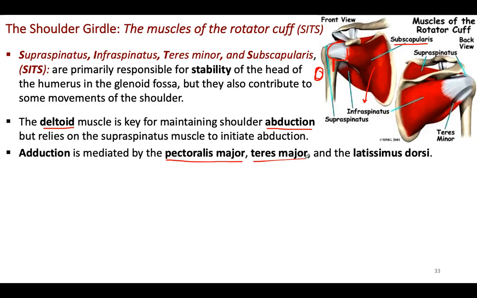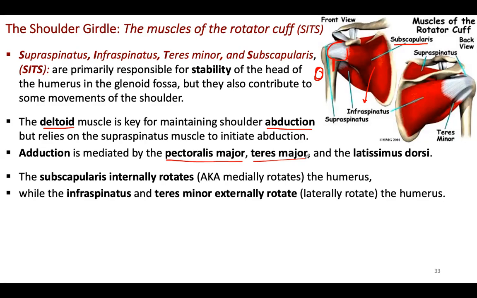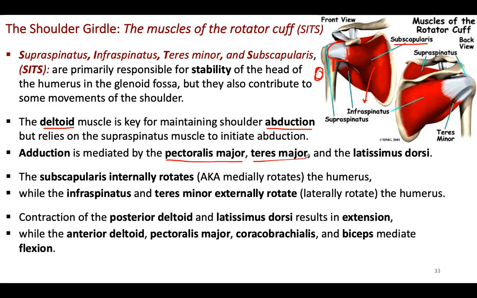Adduction, with 2 Ds, is getting the limb closer to the midline of the body. This is what's meant by adduction and abduction. More movement: subscapularis internally rotates the humerus, infraspinatus and teres minor externally rotate the humerus, and more muscle actions.